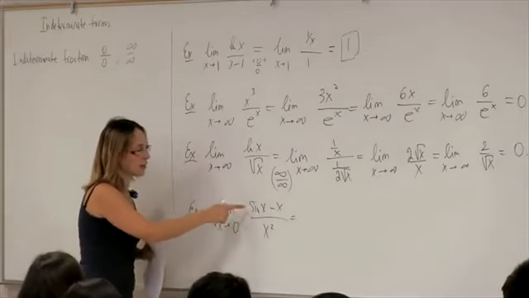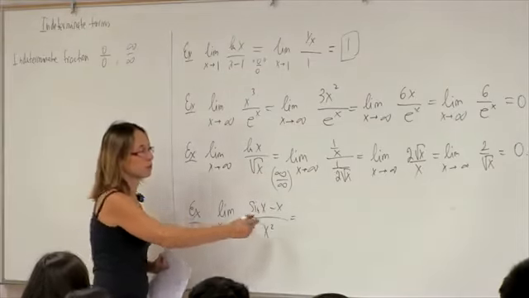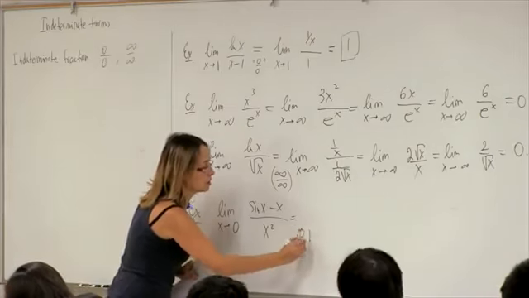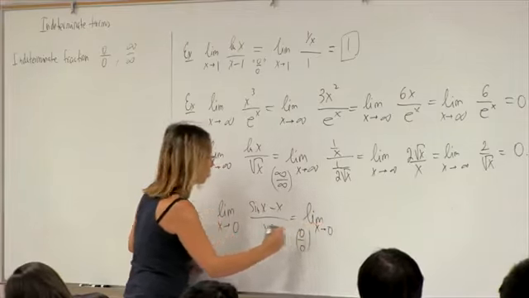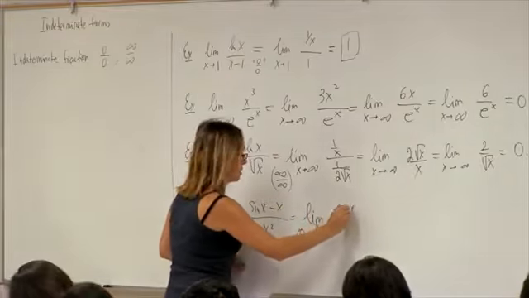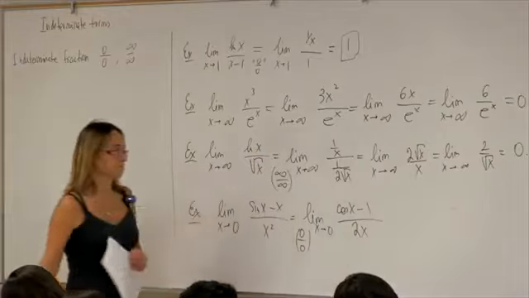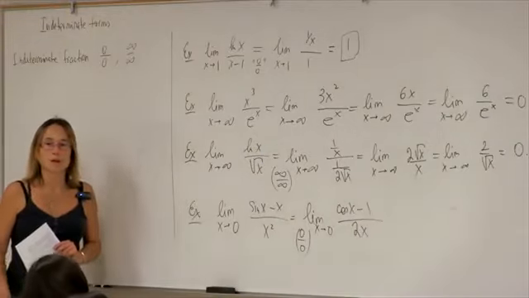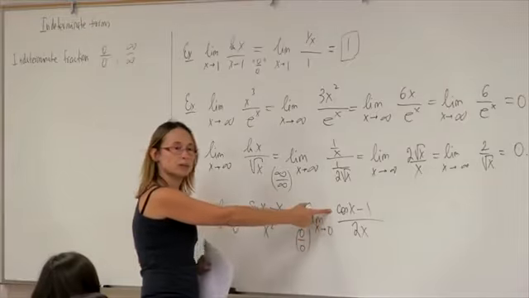At the numerator, we have 0 minus 0, so that's 0. The denominator gives me 0, so we have 0 over 0 here. We take the derivative. When we differentiate the sine, we get cosine minus 1. And here we have 2x. Now we look at this one. As x goes to 0, cosine goes to 1.